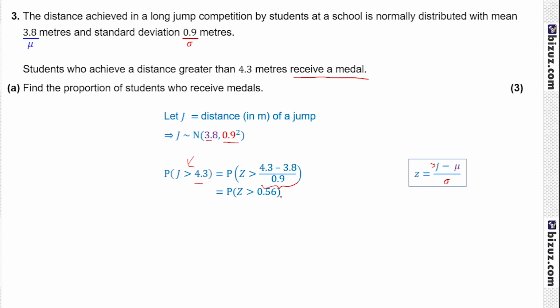Now again, there's a problem. From the large table, we cannot actually find the probability of z being greater than something. It can only be the probability of z being less than something, some positive value actually. But to convert that, it's pretty simple. We know that the probability of being greater than something and being less than or equal to something are complements of each other. So this is equal to 1 minus this.